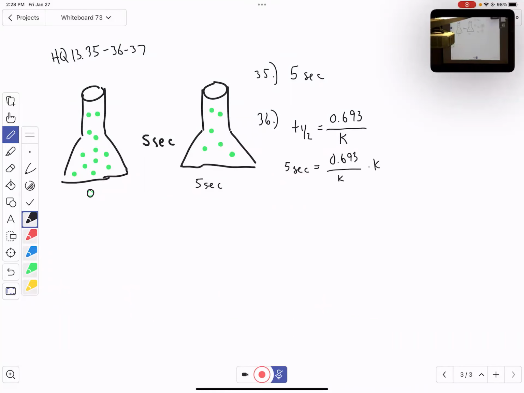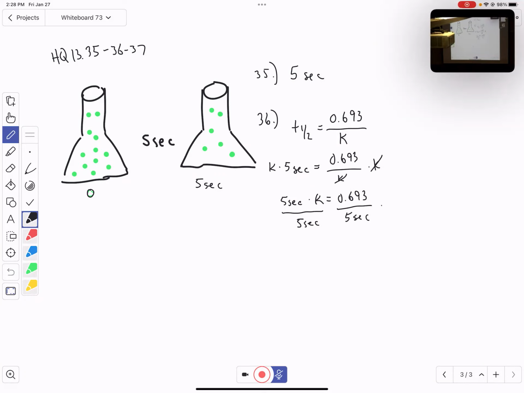I'm going to multiply both sides by k. That cancels out, so I get 5 seconds times k equals 0.693. Divide both sides by 5 seconds.